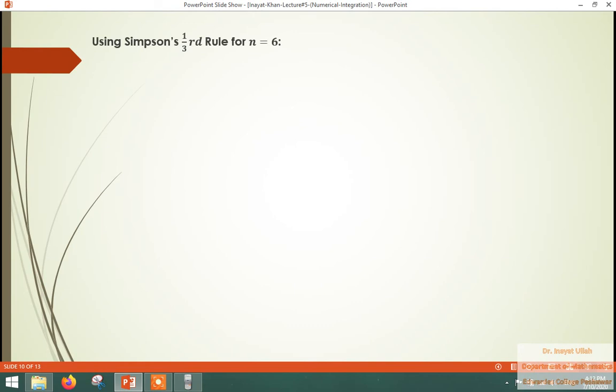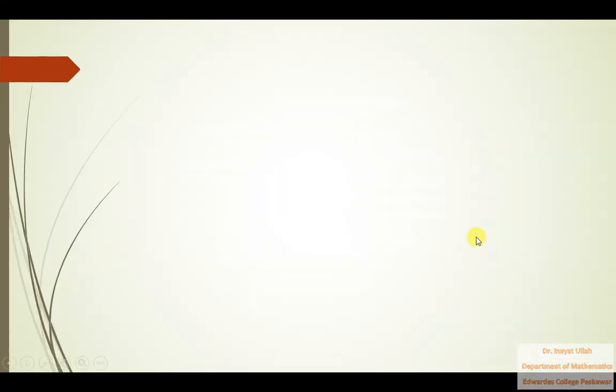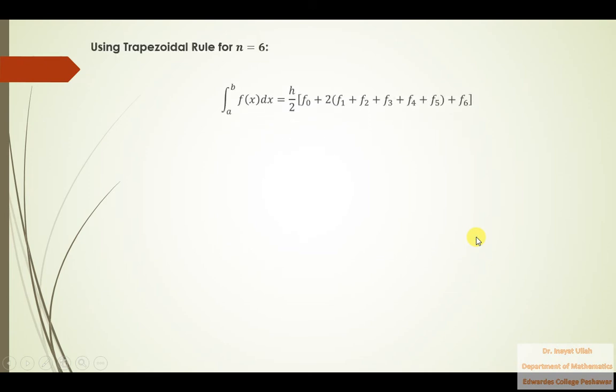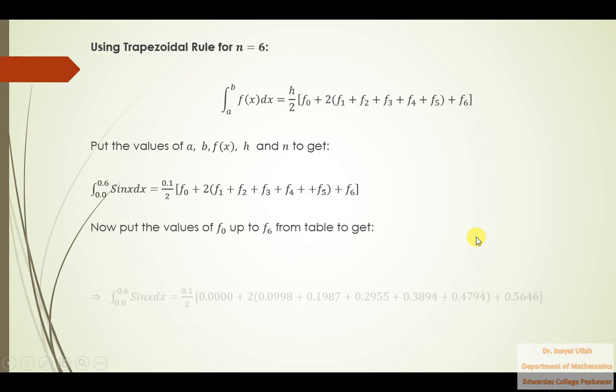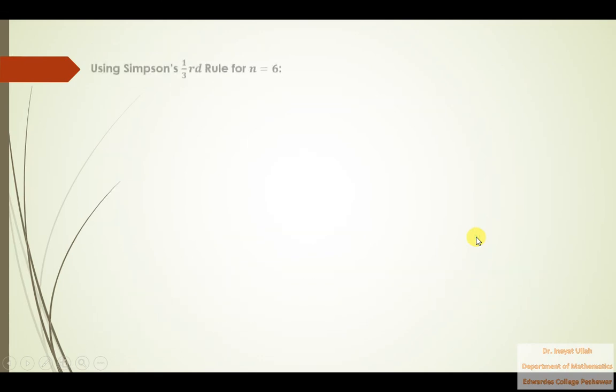Now the second one is Simpson's 1/3 rule. What is Simpson's 1/3 rule? We have studied Simpson's 1/3 rule. And this is Simpson's 1/3 rule for n is equal to 6.